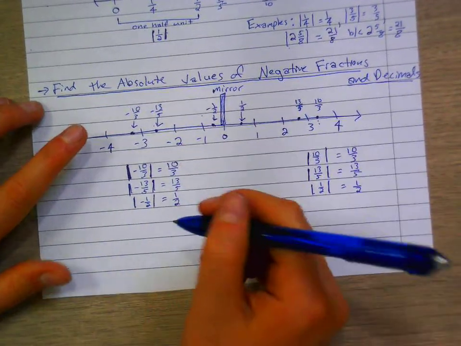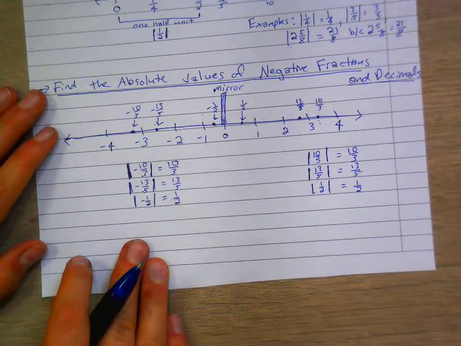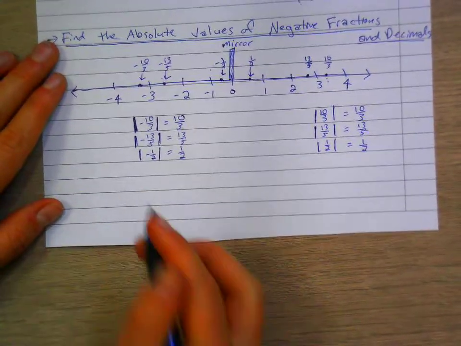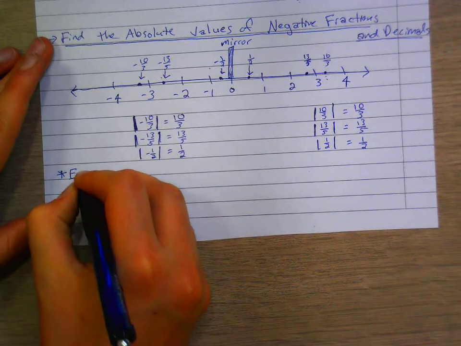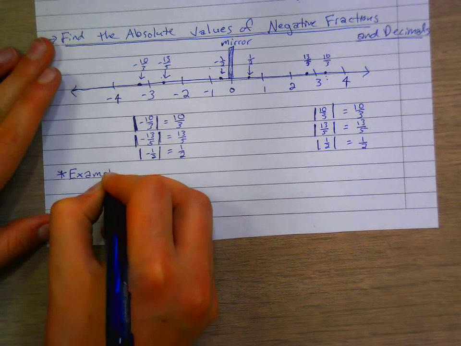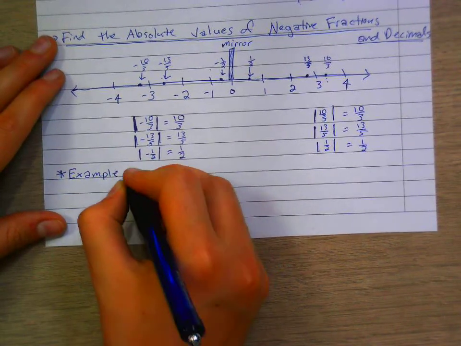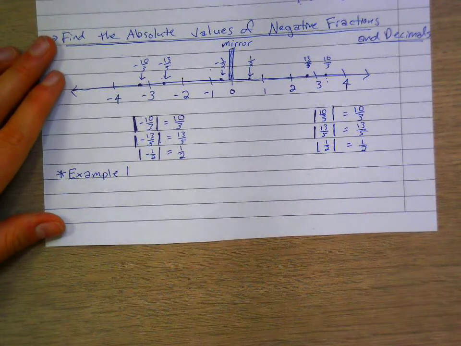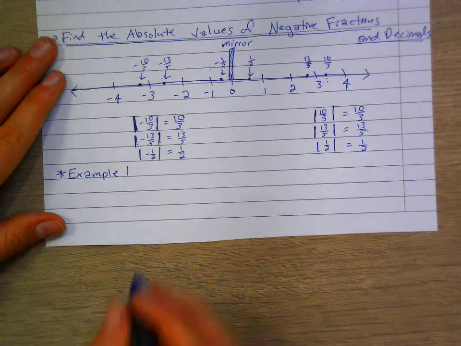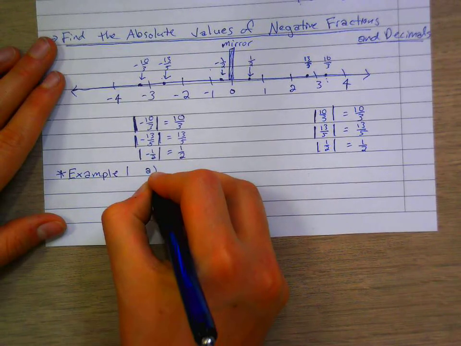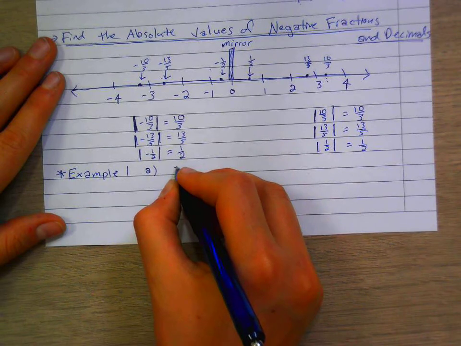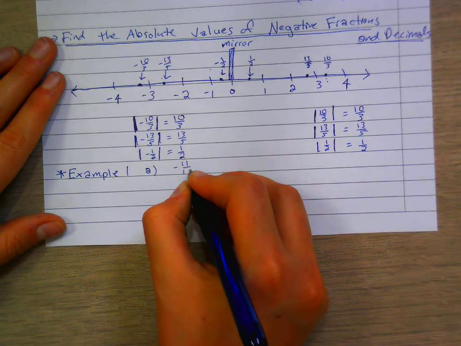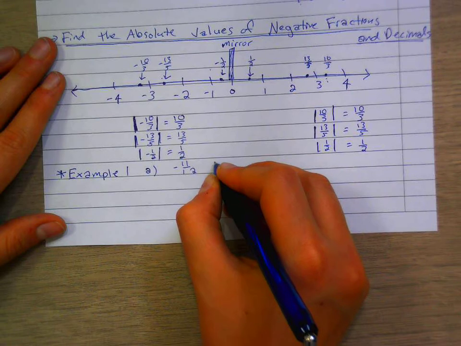Let's try an example. Example number 1. Find the absolute values of fractions. A states, find the absolute values of negative 11 twelfths and 26 fifteenths.